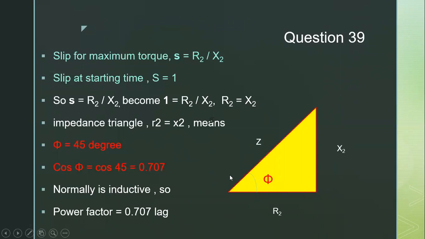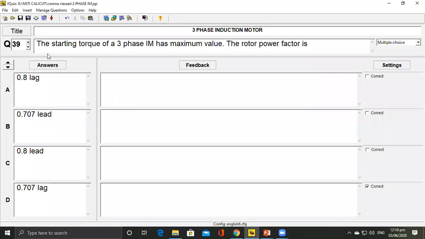That is a tricky question. It is normally not seen, but it is in higher objective exams. So when the starting torque is maximum, the rotor power factor will be 0.707 lag. That will be your answer.